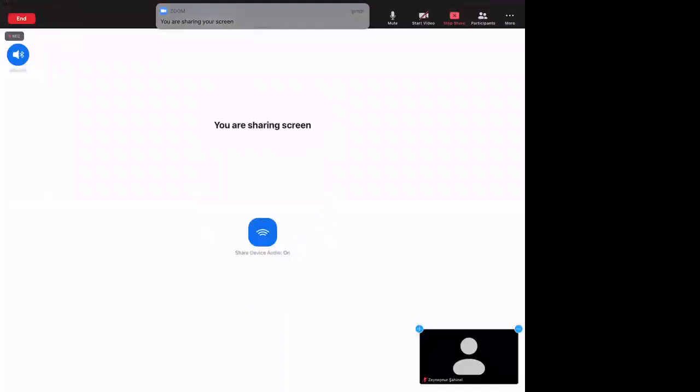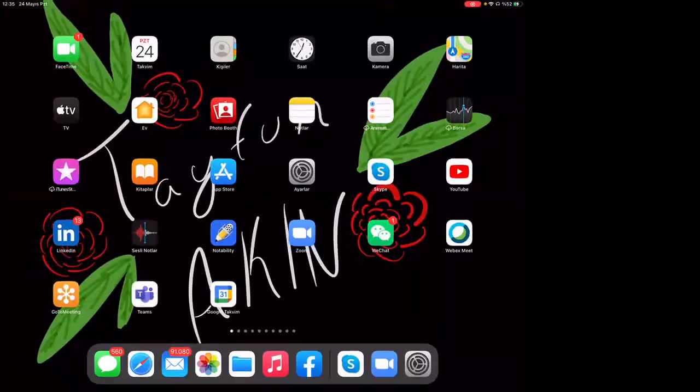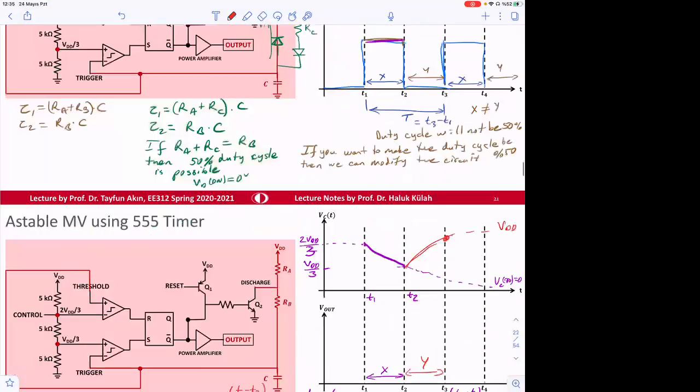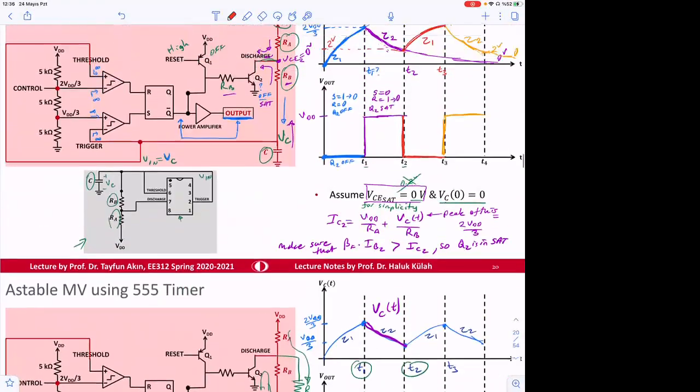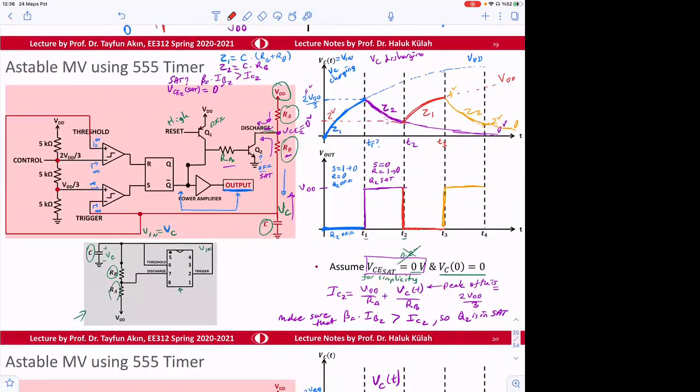No, I mean, here, let me try to show the screen again. Remember the model for the transistor. Maybe I should show it somewhere around here. The model for saturation is like this, right?